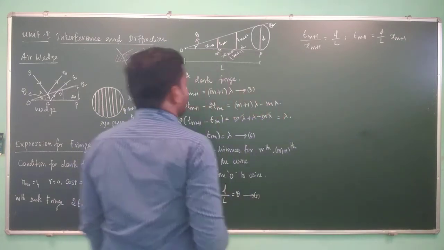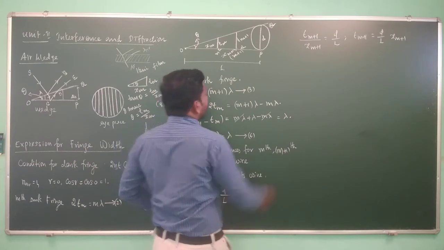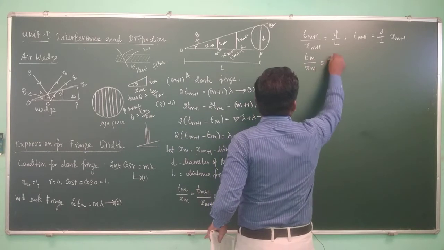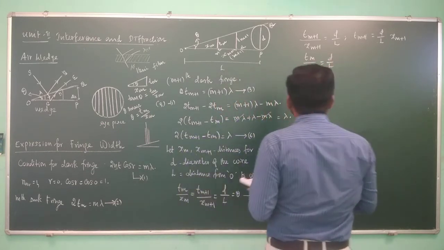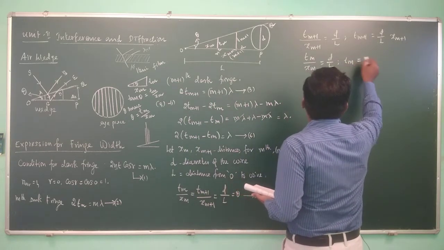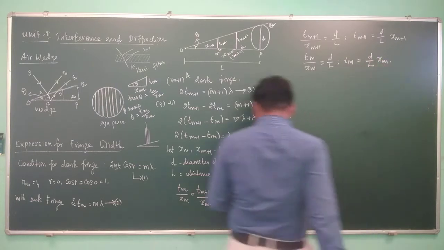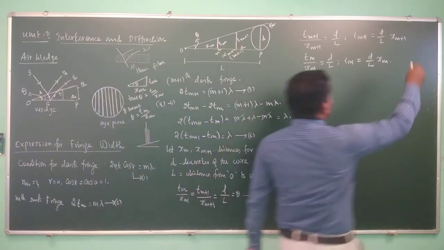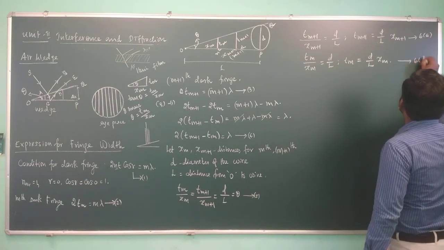This is one case when you compare these two. Or if you compare these two, Tm by xm is also equal to D by L. So here you can write Tm equal to D by L multiplied by xm. Okay. Now let's say this is equation number 6a. This is equation number 6b.